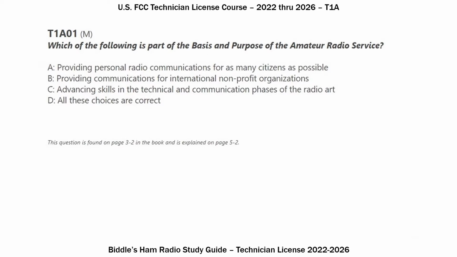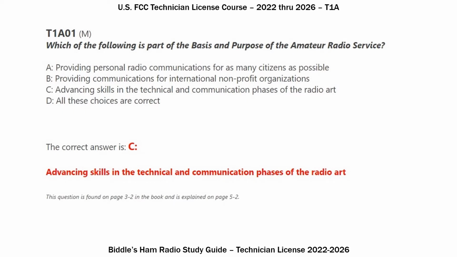C, advancing skills in the technical and communication phases of the radio art. Or D, all of these choices are correct. This question is found on page 3-2 in the book, and it is explained on page 5-2. The correct answer of these is C, advancing skills in the technical and communication phases of the radio art.